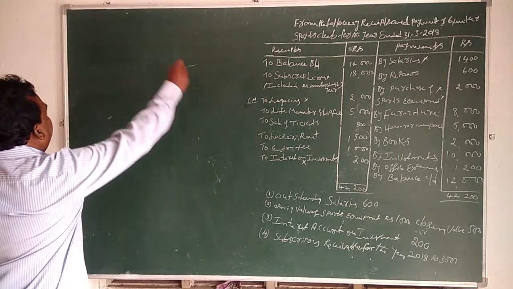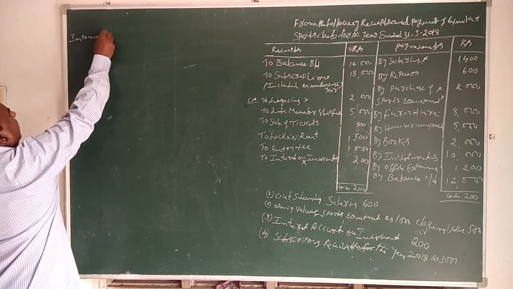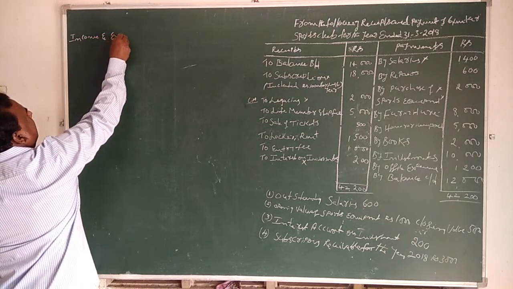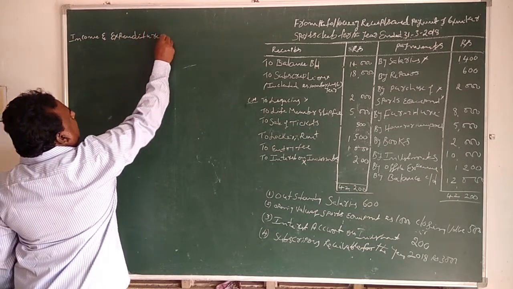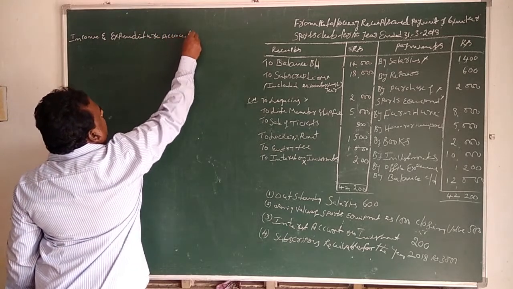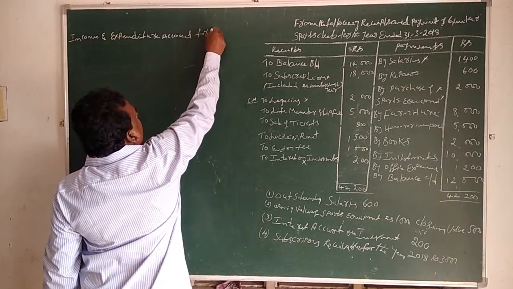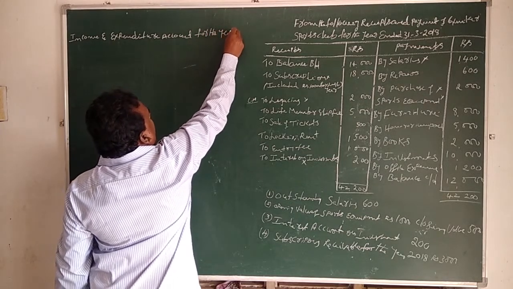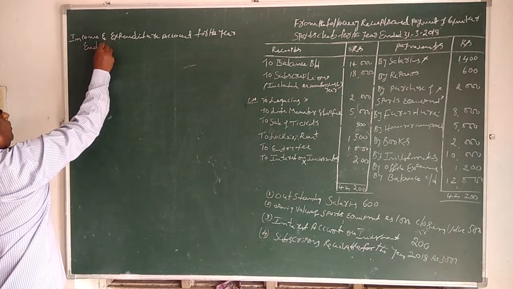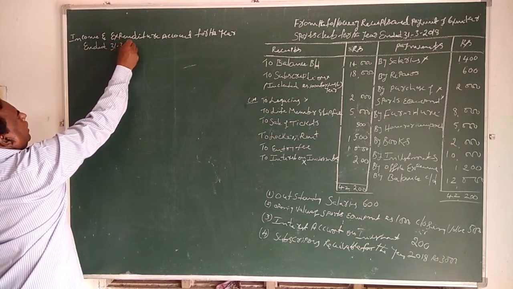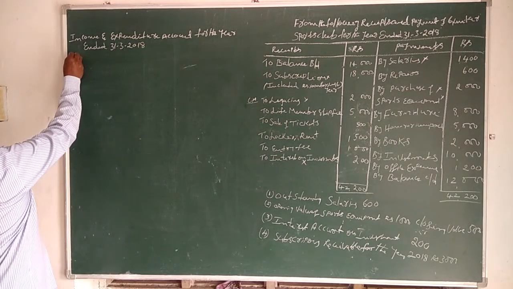So, income and expenditure account for the year ended 31st March 2018.